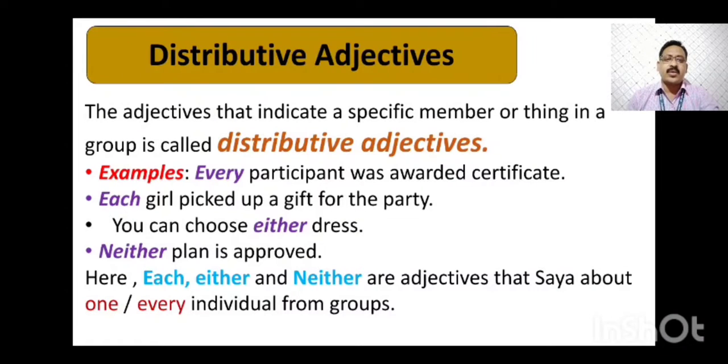So if we are talking about a particular thing from the group, it is said to be a distributive adjective. Each, either and neither are adjectives that speak about one or every individual from a group. If it is about a group and we are talking about a singular or particular person or thing, then it is said to be a distributive adjective.